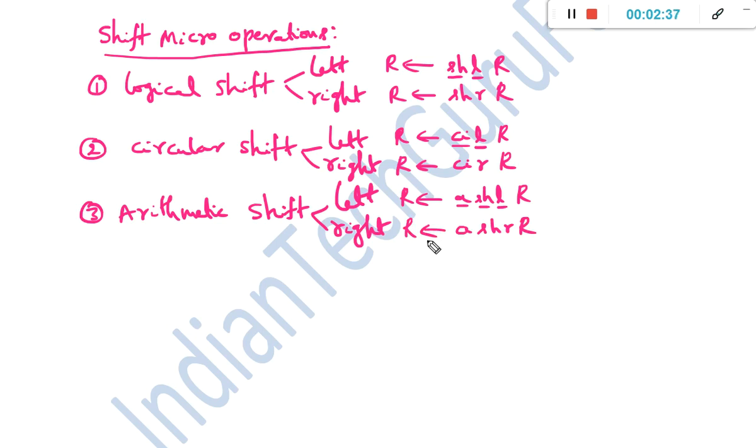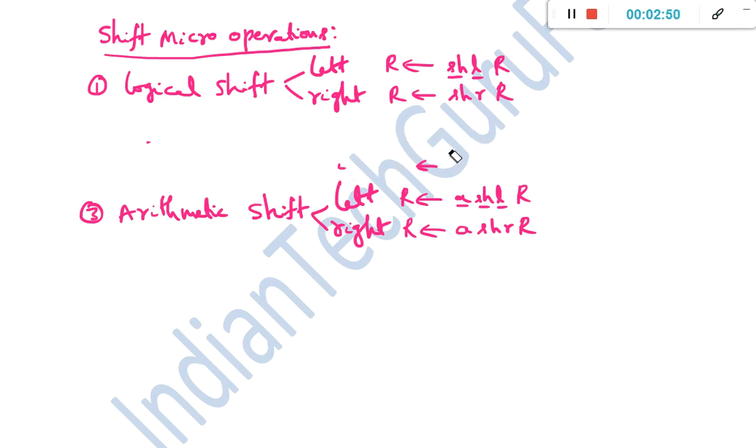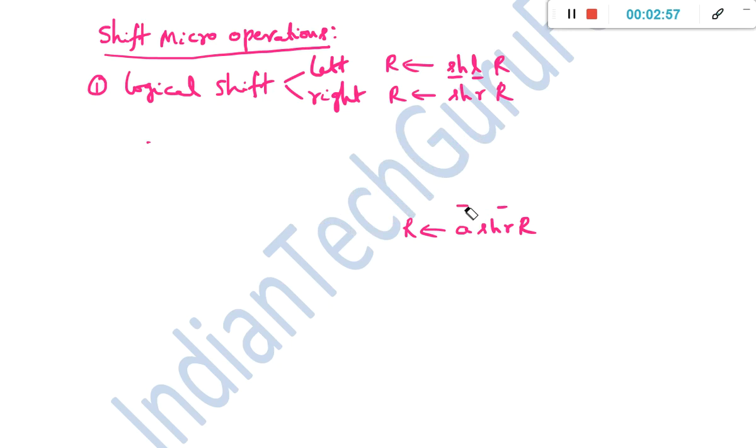Now let us consider each shift operation and how we are going to perform it. First, the logical shift operations. Logical shift operations are of two types: logical left shift and logical right shift.